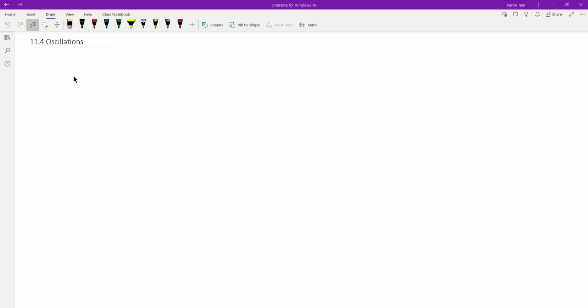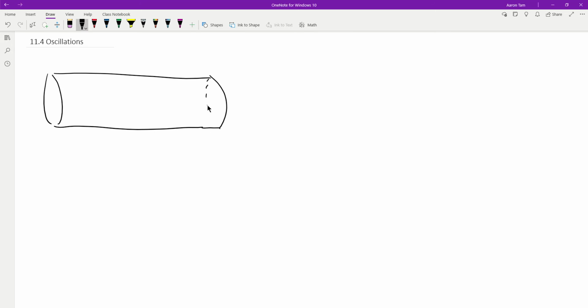So imagine the following. Imagine that we have some kind of tube, and inside this tube we have some kind of piston.